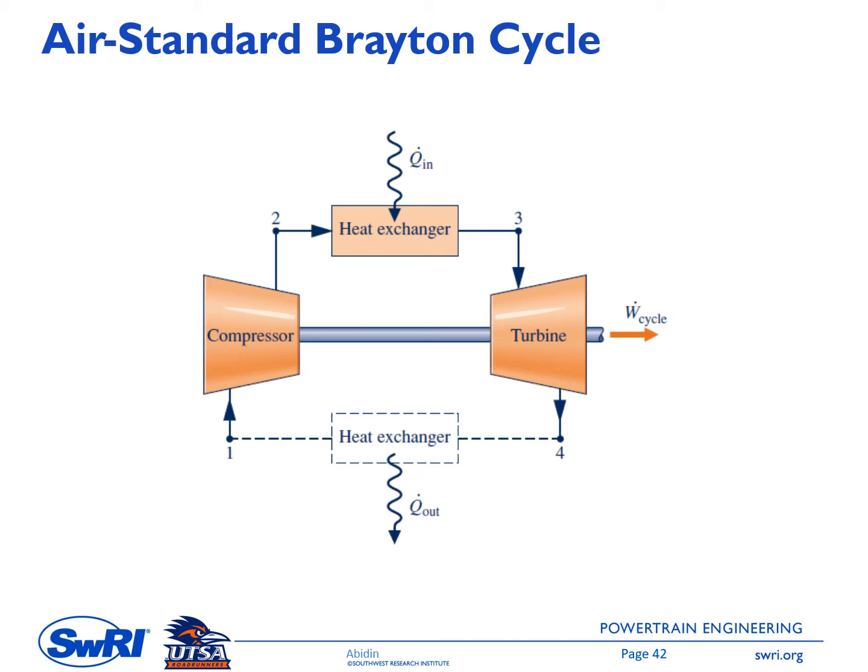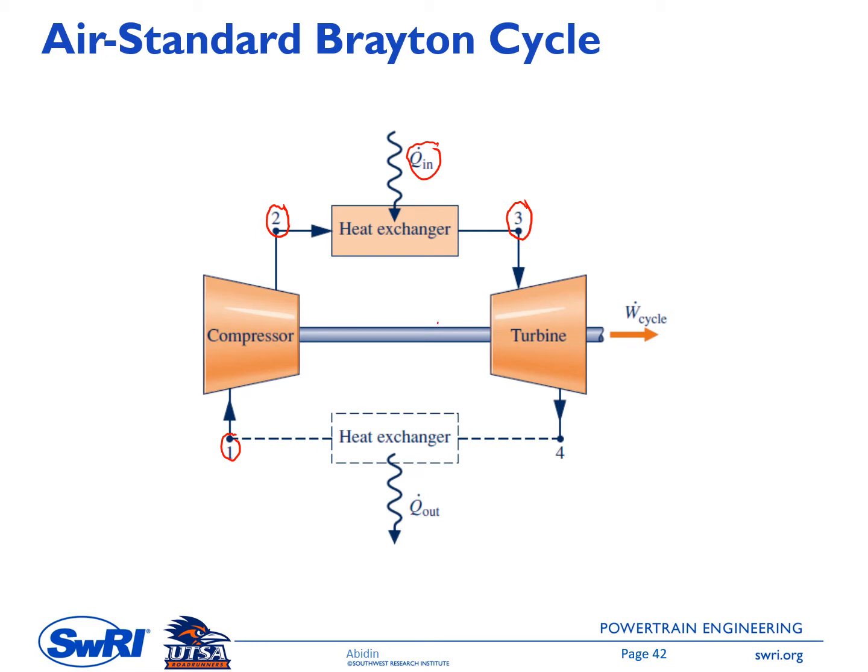In this Brayton cycle, it is assumed that we have operating point number 1 entering the compressor, and then at point 2 we have a higher pressure and temperature, and then heat transfer is introduced into the heat exchanger, and at point 3 we have a further increase of the temperature. Pressure is assumed the same between point 2 and point 3, and then the turbine will do an expansion process.